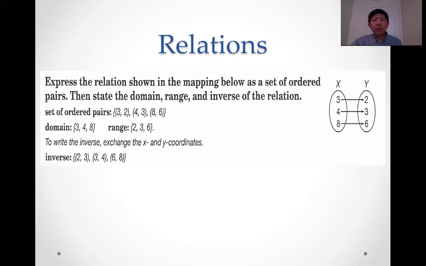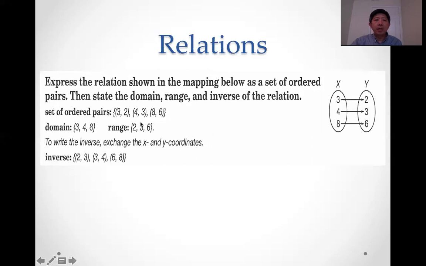Now take a look at what a relation means. Let's say we have the numbers 2, 3, 4 as the x values. This is all the x, and this means the domain.